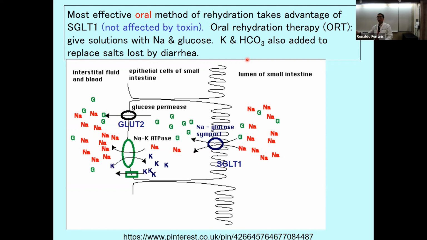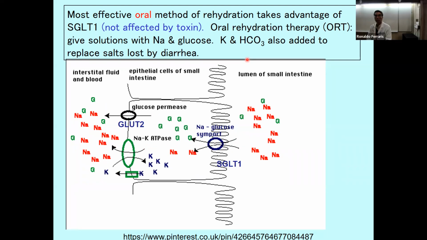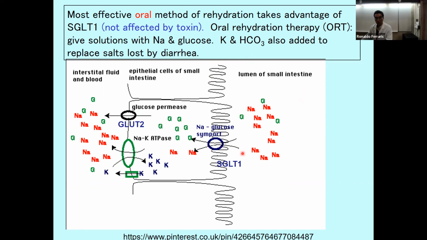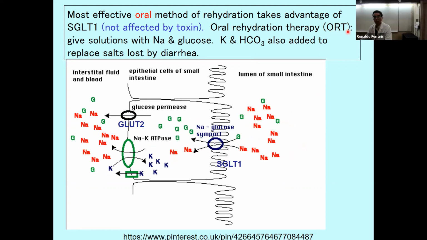The company has now made the equivalent Pedialyte for adults to compete against these more popular brands. So if you have infectious diarrhea and it is not severe, you can just treat yourself via oral rehydration therapy.